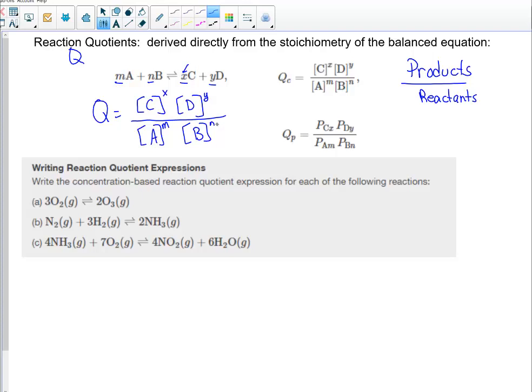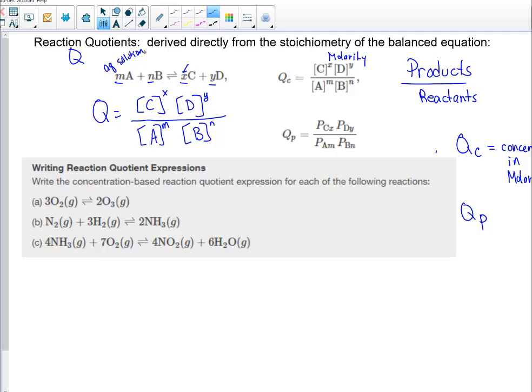We can talk about coefficients in stoichiometry in terms of writing out reaction quotients. If the ingredients are given to us in molarity units, we write QC, which stands for concentration in molarity. If these are aqueous solutions, the concentration is molarity units, and those become the values inside the brackets.